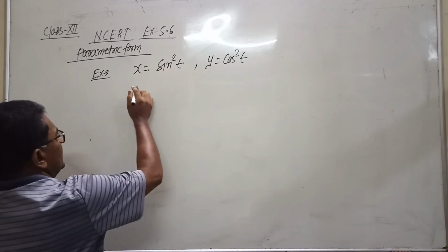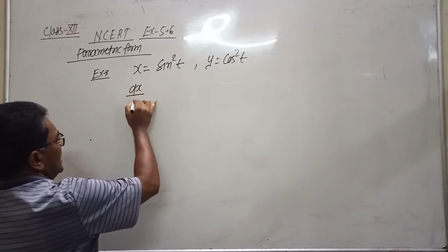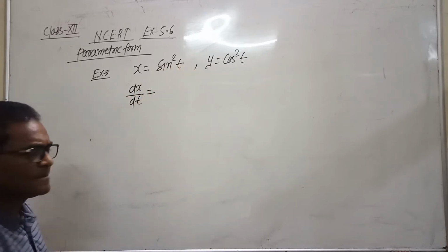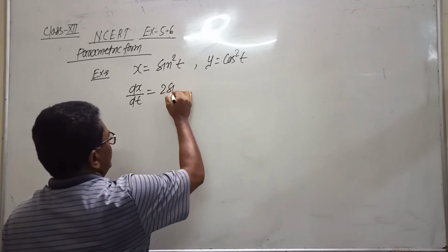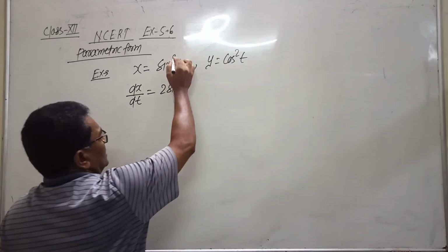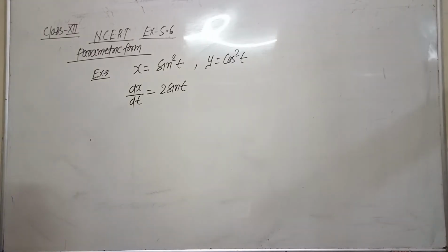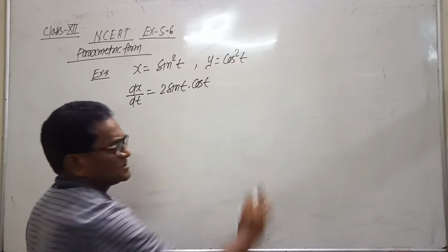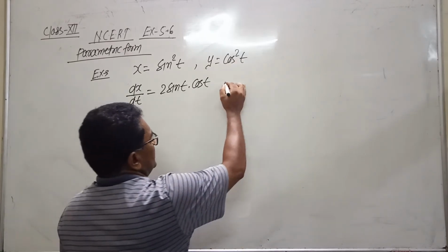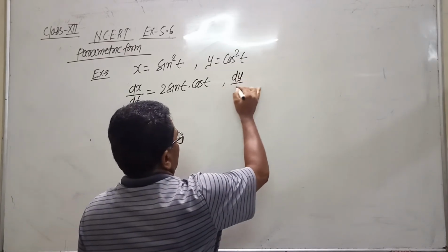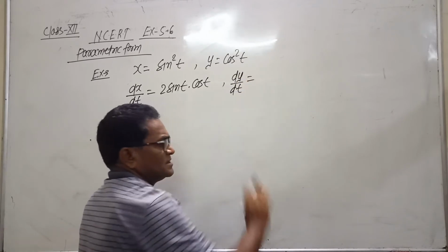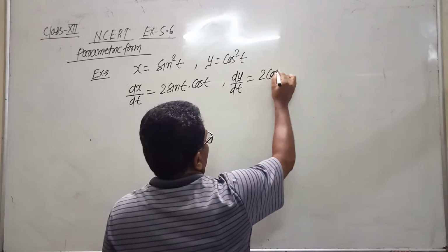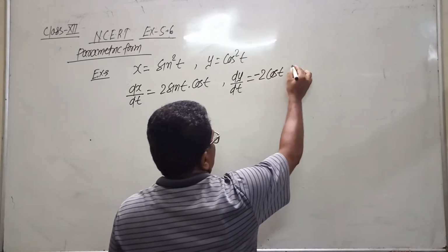This is the function of t, so we find dx by dt. And differentiation of sin square t is 2 sin t, drop the square, differentiation of sin t will be cos t. And from this we will find dy by dt. So dy by dt, differentiation of cos square t is 2 cos t, and differentiation of cos t is minus of sin t.